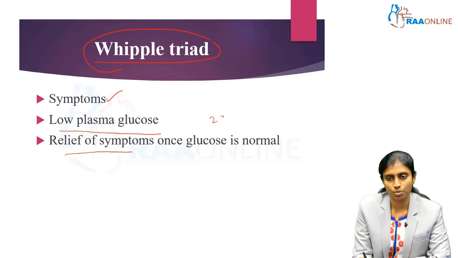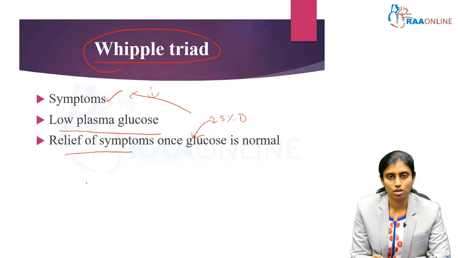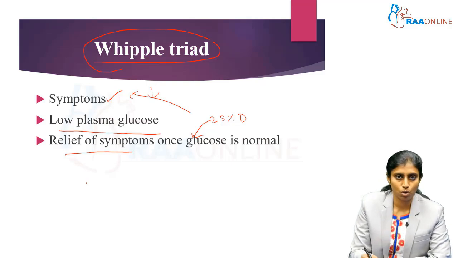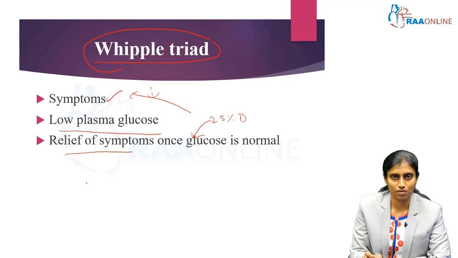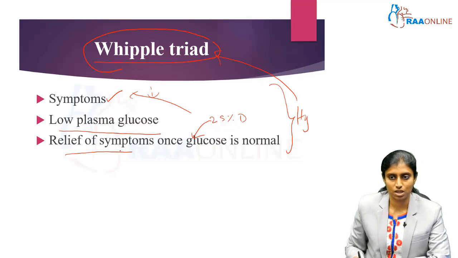You give them 25% dextrose, a dextrose infusion, and once you give it, all these symptoms will reduce. So there should be symptoms, you should document a plasma glucose less than 70 mg per deciliter, and all these symptoms should disappear once you correct the glucose levels. Then it is a hypoglycemia which has to be evaluated, and this triad is called Whipple's triad.